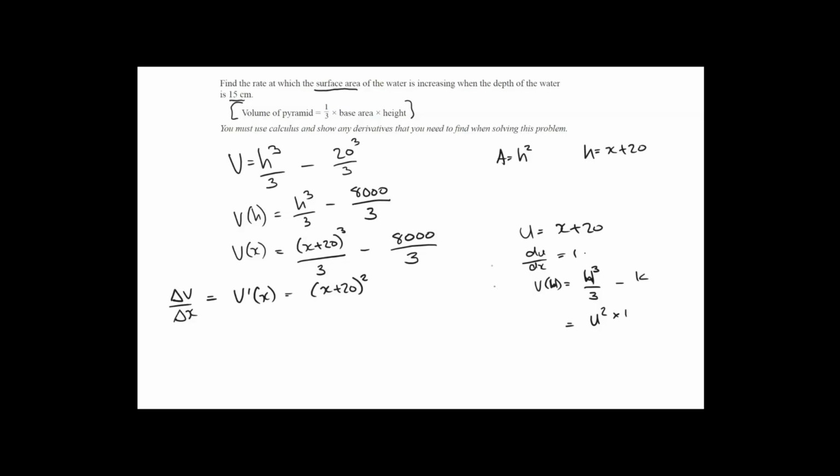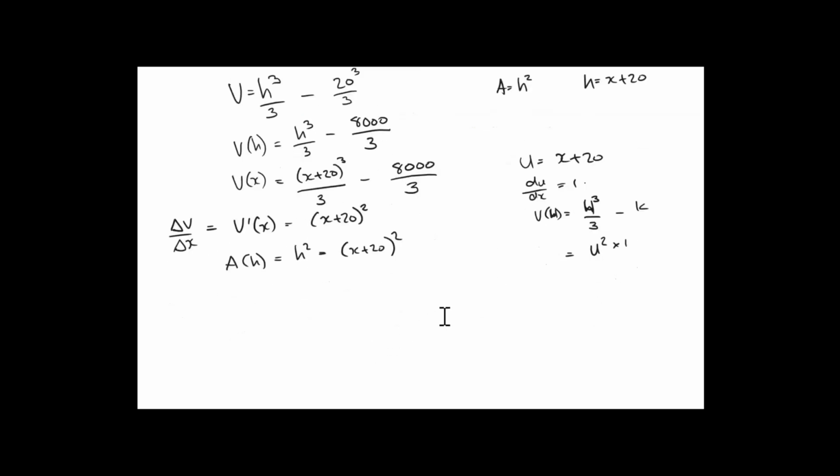Okay. Now we're into it. Fantastic. That is going to be h squared, which is good because that's x plus 20 squared, which is exactly what we had up here. Fantastic.